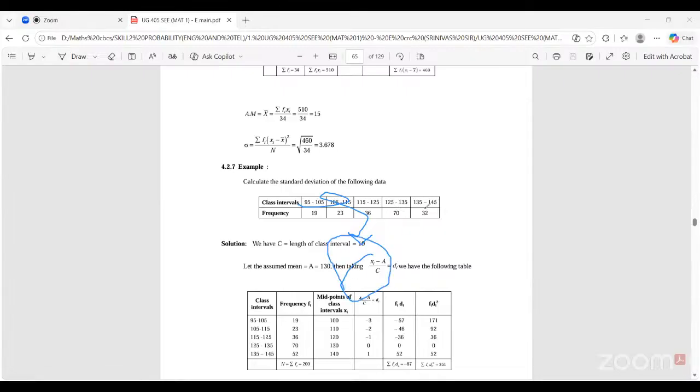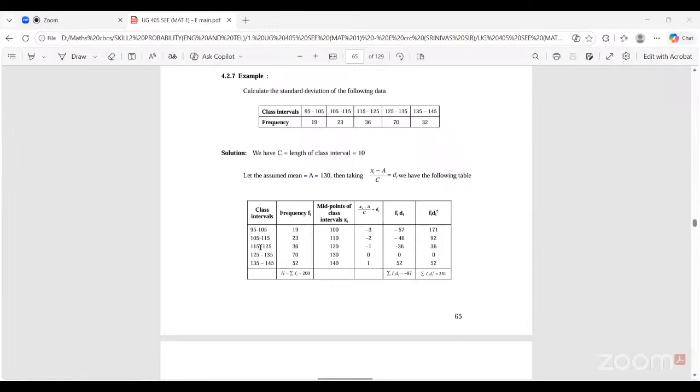c by the following data. Here we will take the 95, 105, 105 to 115, 115 to 125, 125 to 135, 135 to 145. 19, 23, 36, 70, 52 is equal to 200.